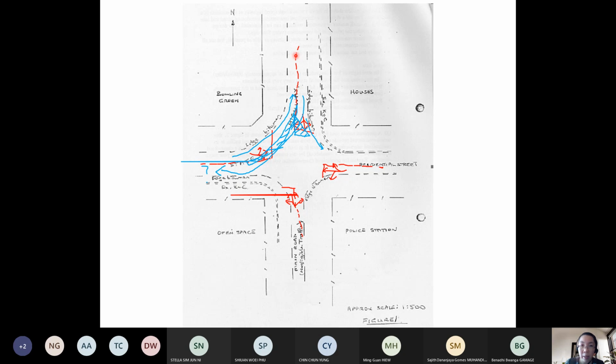So for that reason, putting a roundabout here will not help, because these two, the state highway, you are traveling at 100 km/h. So the standard of the road, the category of the road is much higher compared to residential street and main road.